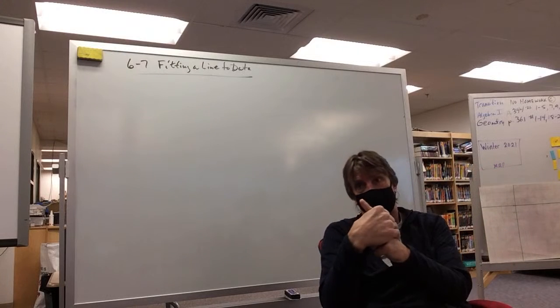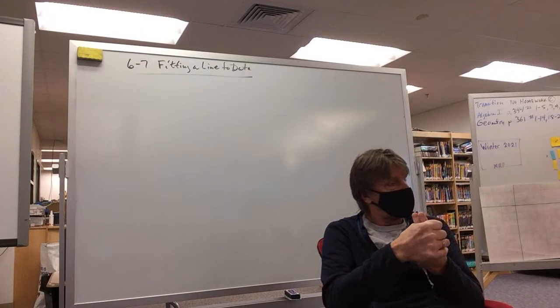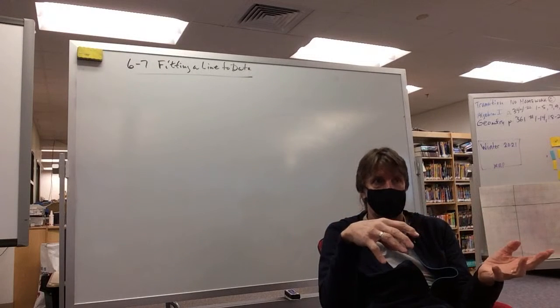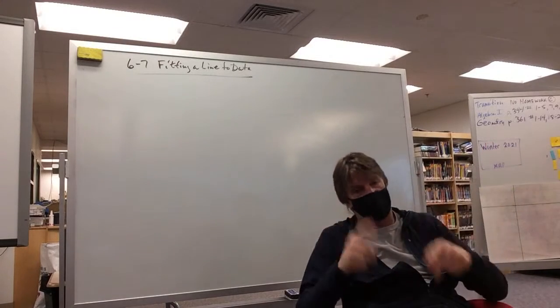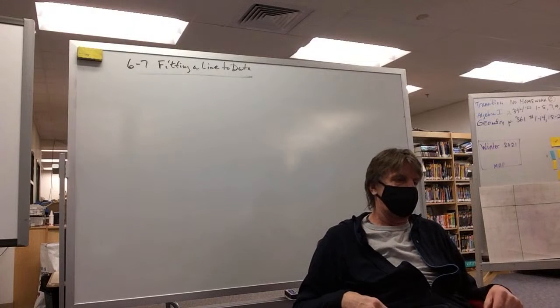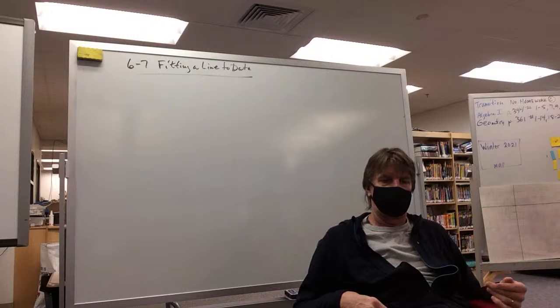Models are graphs, models are equations, and models are written descriptions. Models are data tables. So we spend a lot of time with data tables and graphs and equations, because that's what models patterns for us.